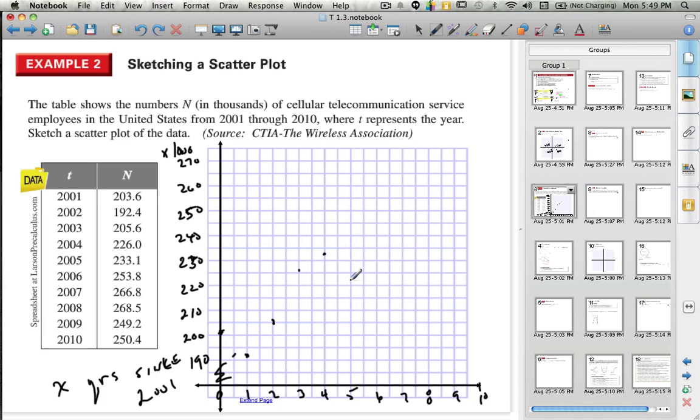And then 253, so here's 250, and right about there would be 253. 266 would be right about there. 268 would be up about here. And then it's going to go back down again, 249, a little under 250. Right about there. In my final year, basically right on 250.